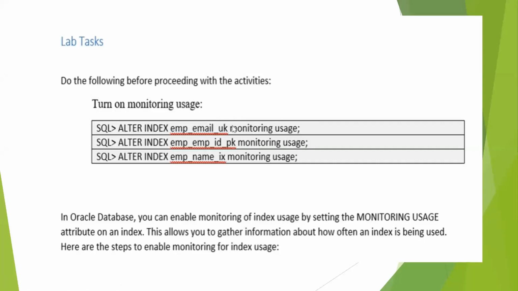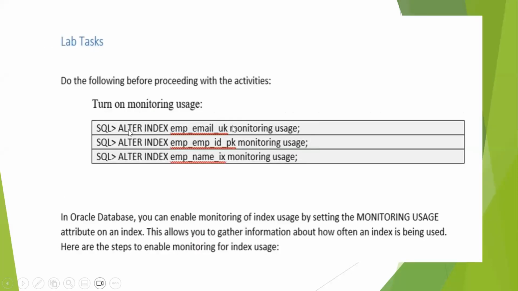For the lab task, we have four activities. Before you start any activity, you first need to turn on the monitoring usage of some indexes. These are the commands we just discussed for turning on the monitoring usage.